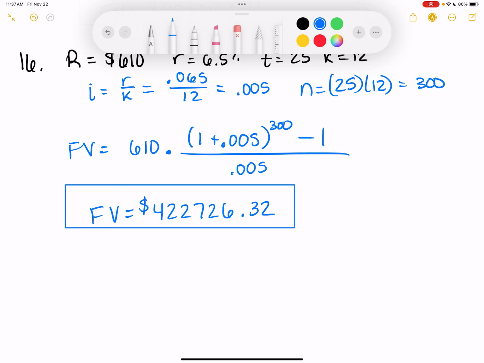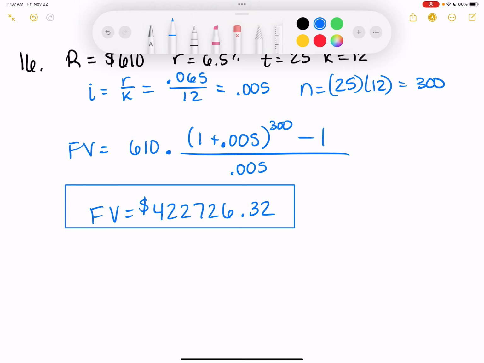I have 1 plus, another fraction here, 0.065 over 12, raised to the 300 minus 1 over fraction 0.065 over 12. Notice that my answer comes out to be literally a couple $1,000 different, kind of drastically. That can happen if you're using the other decimal numbers.